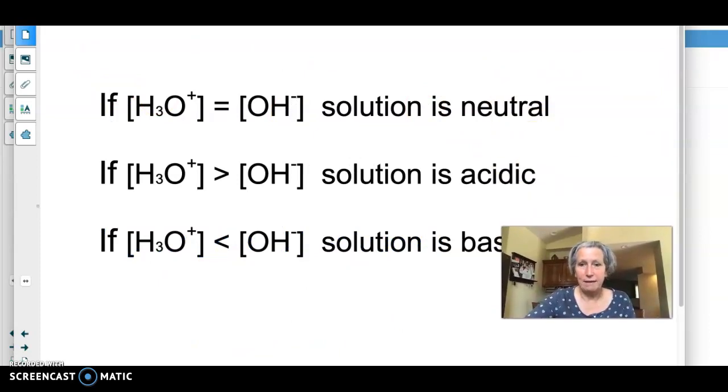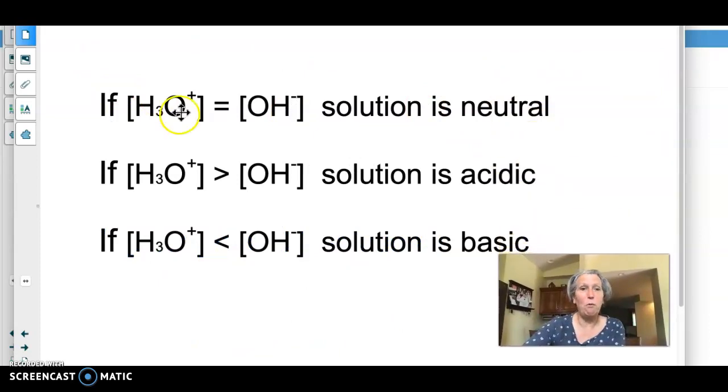Well, if you have more hydronium ion or H plus ion than hydroxide, then we say the solution is acidic. If you have more hydroxide than you have H3O plus, we say the solution is basic. And if these two concentrations are equal, then the solution is neutral.